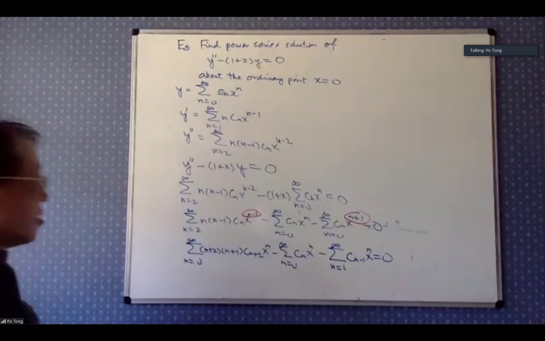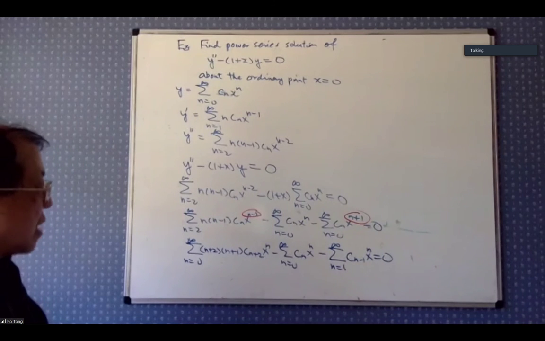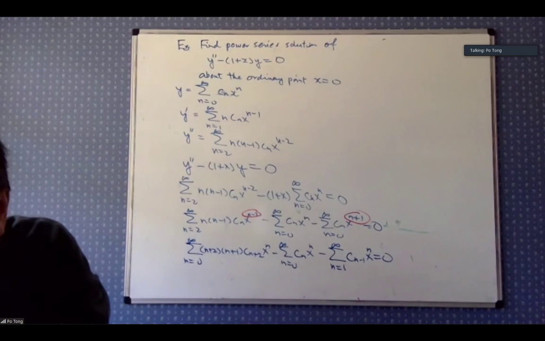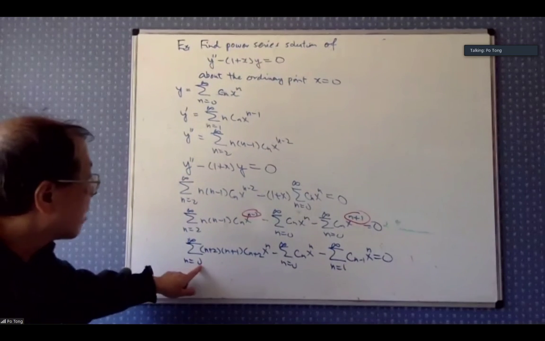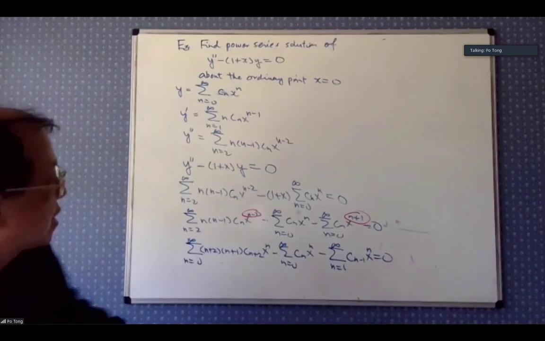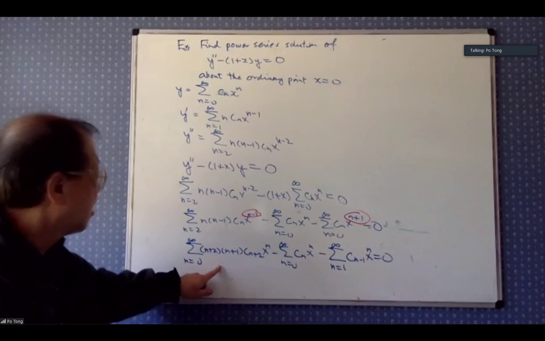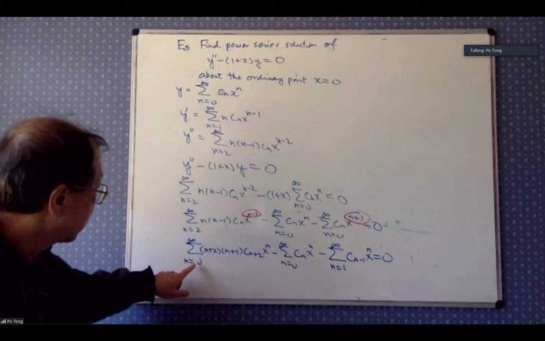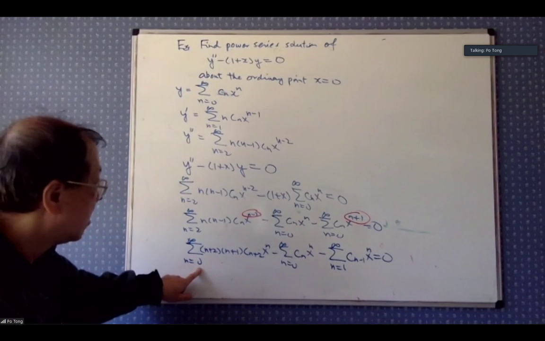Now you can combine all this together. But this one starts with 0, this one starts with 0, and this one starts with 1. So you have to separate out the n equal to 0 term here.